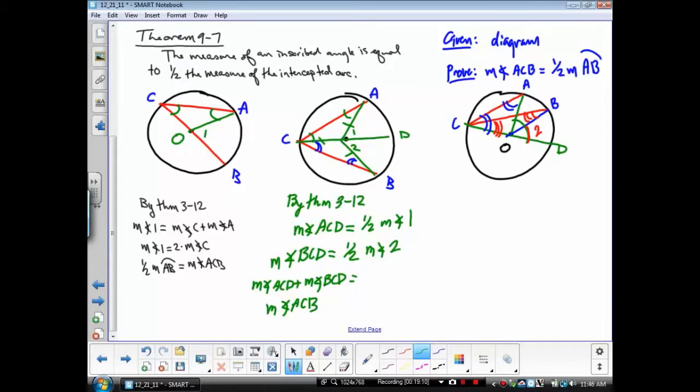And I know that when I add, I can get 1/2 measure of angle 1 plus 1/2 measure of angle 2, which is 1/2 the sum. Okay, now, measure of angle 1 plus measure of angle 2 is angle AOB. This is point O there. So, I know measure of angle ACB is 1/2 the measure of angle AOB.